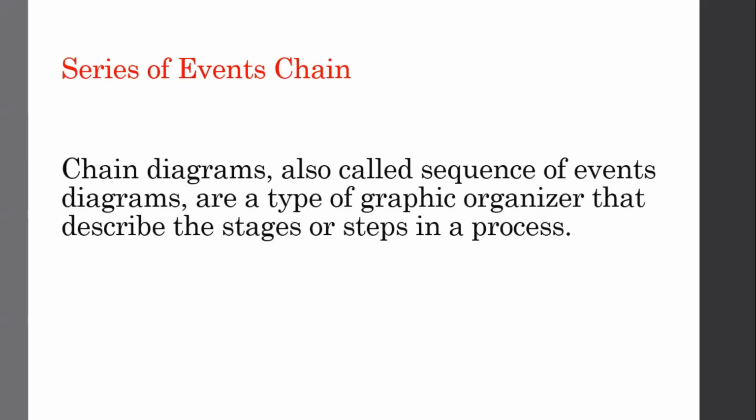And we also have series of events chain. So chain diagrams, also called sequence of events diagrams, are a type of graphic organizer that describe the stages or steps in a process. So this type of graphic organizer shows a visual representation of a procedure or a process, how things are being done.